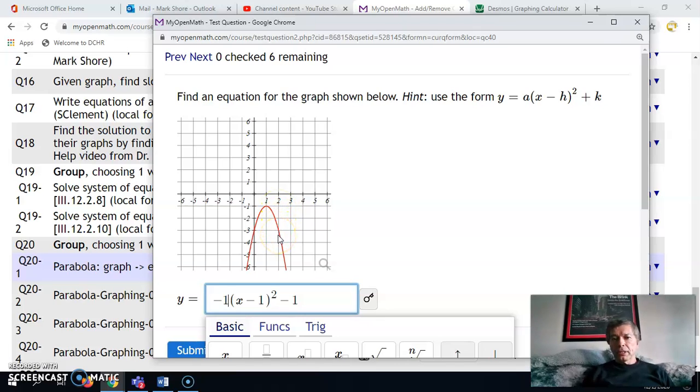So I'm looking for a point that hits right on the crosshairs, not like this one, but here's one right here that hits right exactly at the point 2, -3. See, this one hits right at 2, -3, and this one does not hit right at a solid integer value. So this point here, in relationship to the vertex, is 1 over and 2 down.